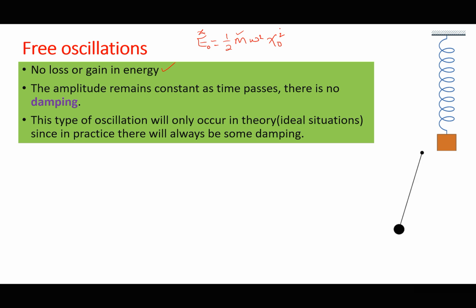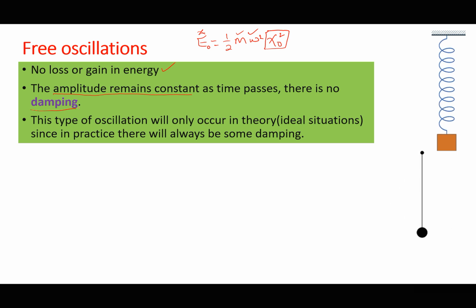Of course, mass is constant and omega is constant, so the amplitude of oscillation must remain constant as time goes on. So we say there is no damping, and we shall understand what we mean by damping.